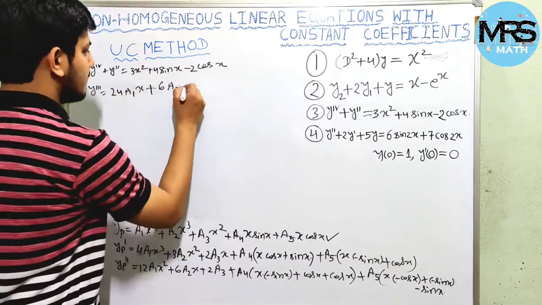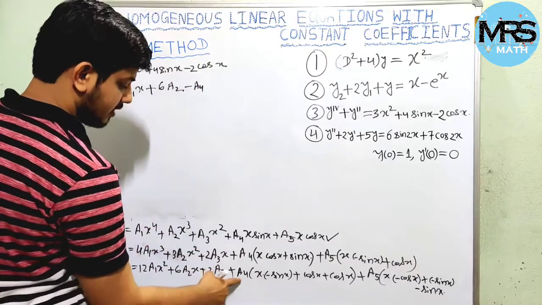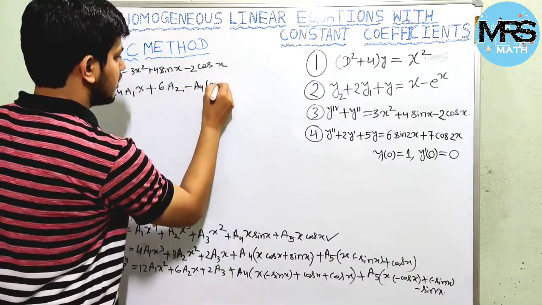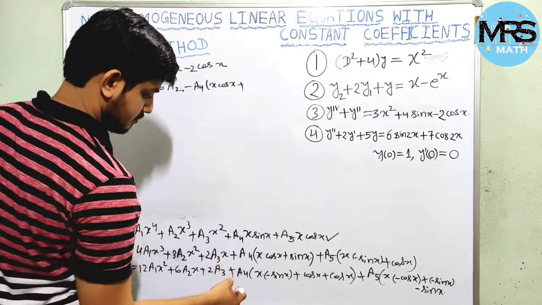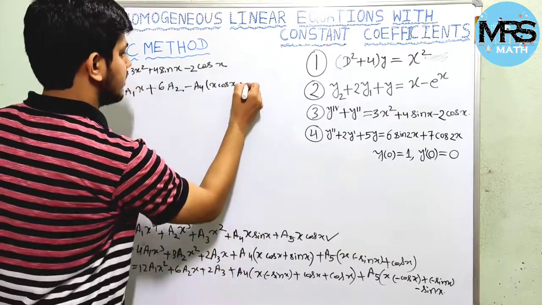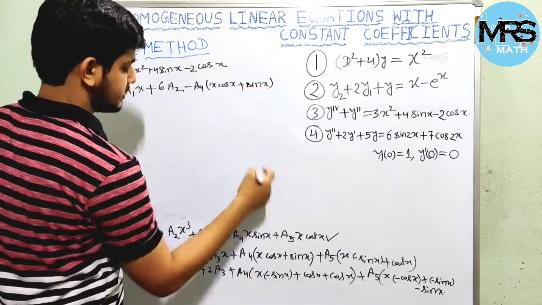So what it will be, minus a4 is there, then x cos x plus sin x, and x derivative is 1.